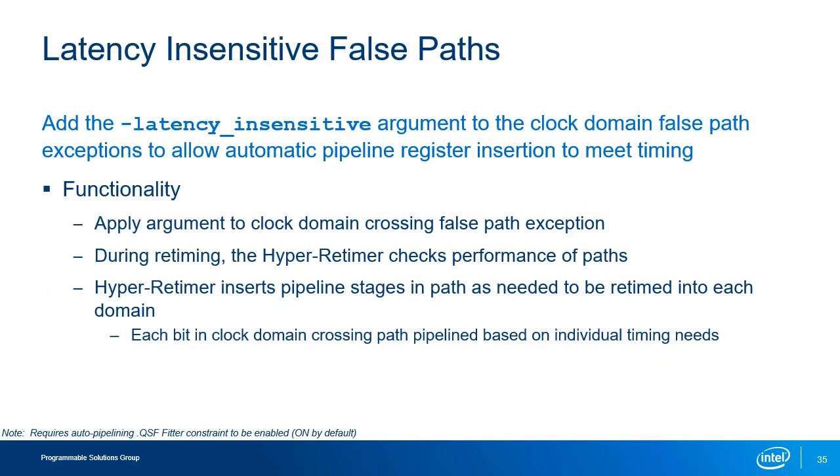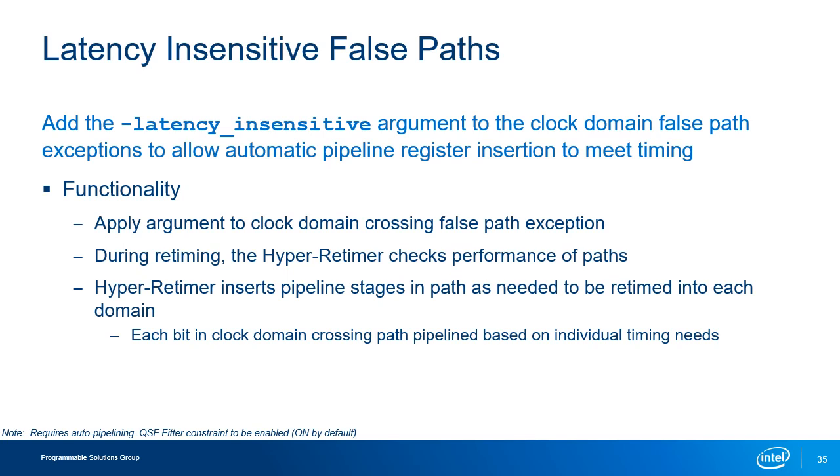Another option you have when using the false path constraint is using the latency insensitive argument. Adding this argument allows the Hyper-Retimer to auto-pipeline the paths to improve timing. How does this work? Well, you apply the argument to a clock domain crossing false path exception. Note, it is only valid for clock domain false paths. It provides no benefit to path-specific false paths.